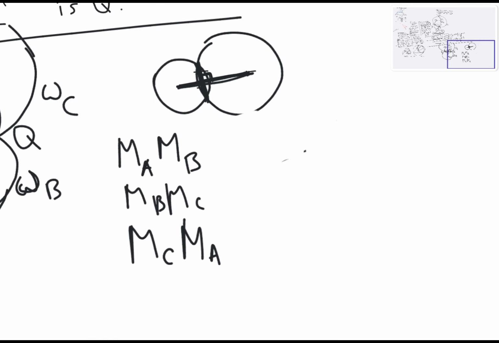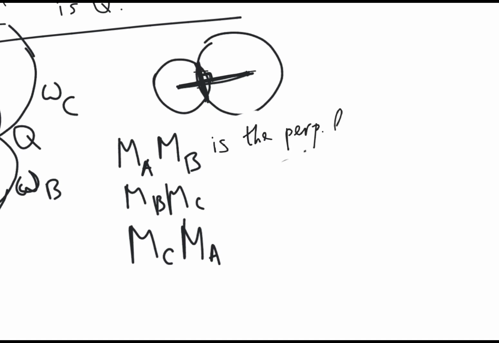So therefore this line MAMB is the perpendicular bisector of the segment HQ, and the same for these two lines.